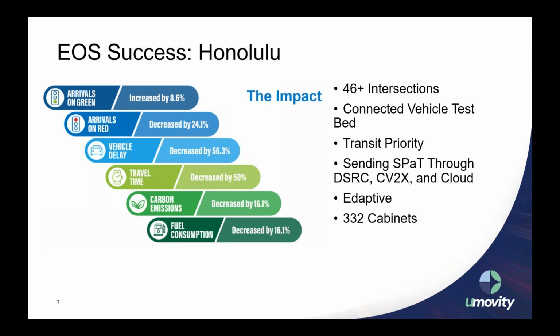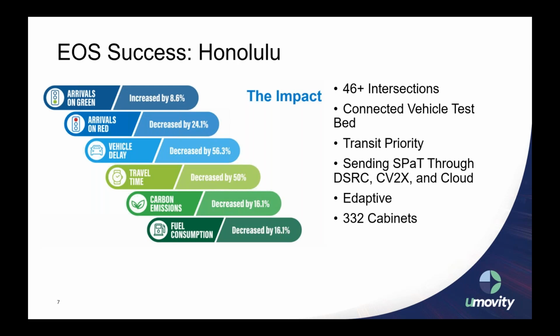And as you can see, they had some significant performance increases, with arrivals on green and arrivals on red performance metrics improving significantly. So it made a big impact there in Hawaii, and EOS was a part of that whole system improvement.